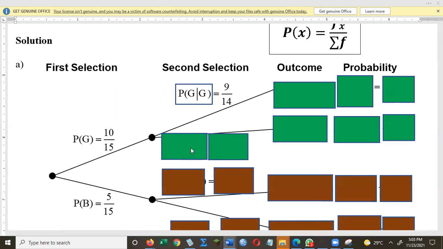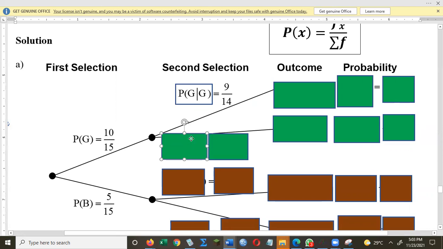Now, but in his second selection, it may not be a green card he will select. Can anybody anticipate and guess what comes here? What is the notation that will be given here?